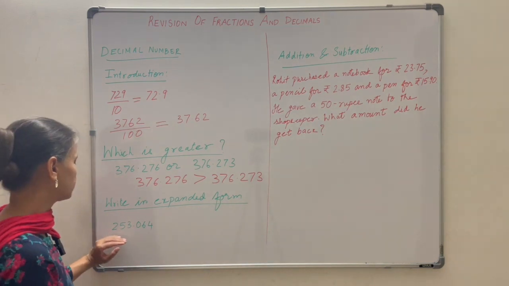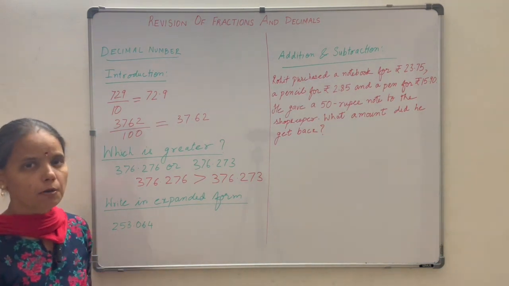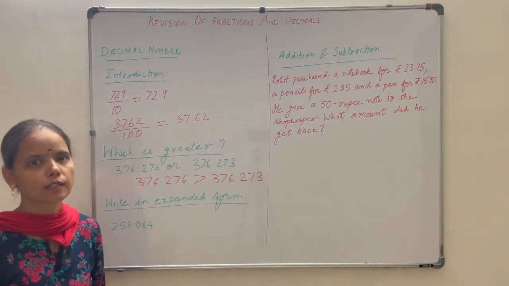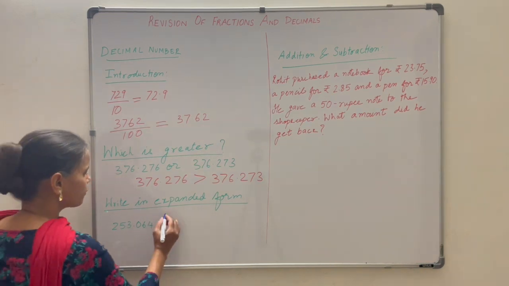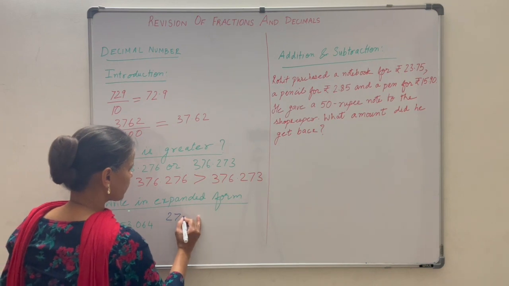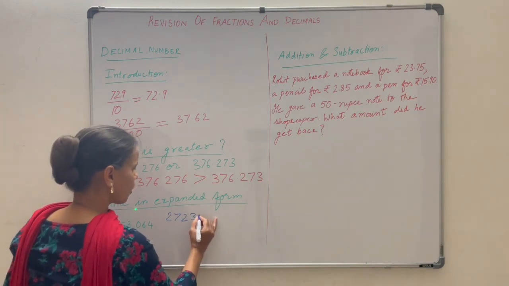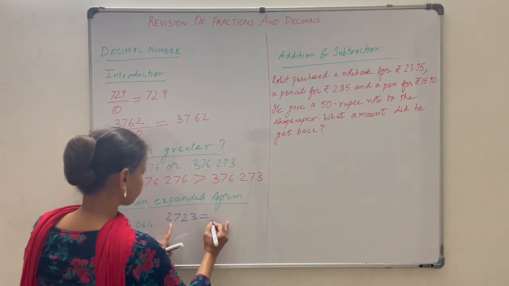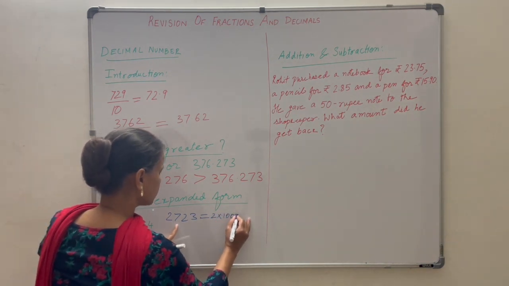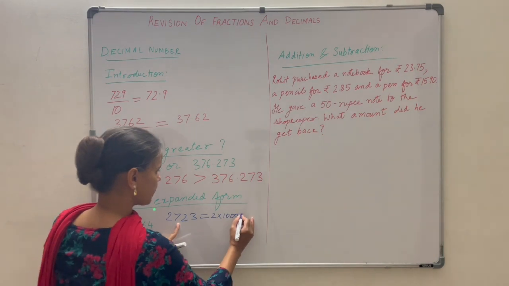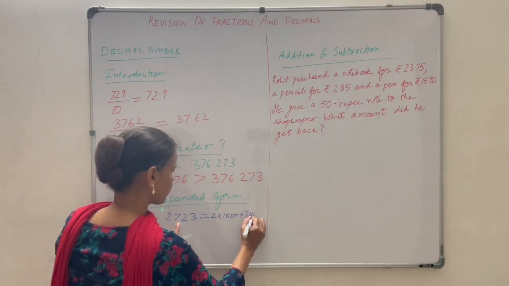Now let us see how to write this decimal number in expanded form. This is the decimal number which you need to expand. But before that, let us quickly recall how to expand a natural number or a whole number. If I give you 2723, how did you expand it? You multiply this by 1000. This is in the hundreds place, so you multiply this by 100.